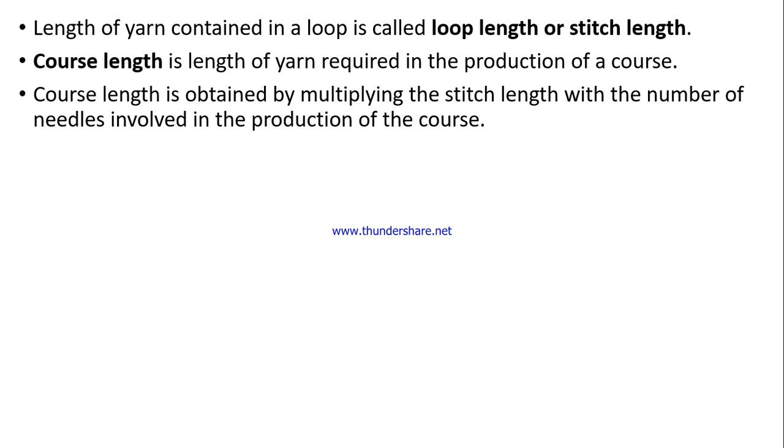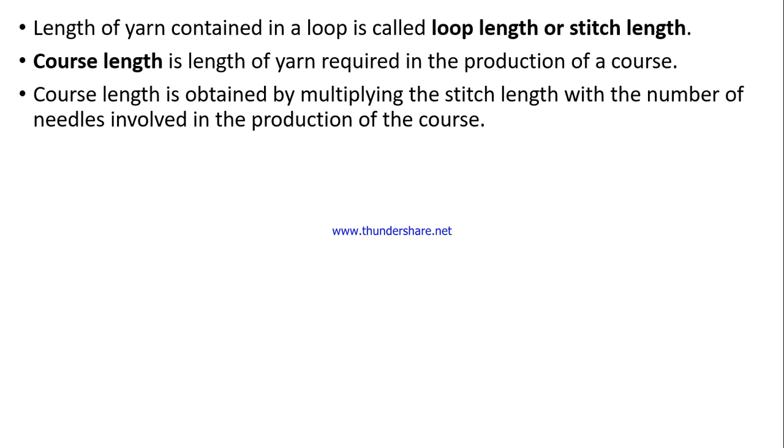As many needles as there will be, as many loops will be there in a course. So number of loops multiplied with loop length will be the course length. So number of loops will be equal to number of needles.